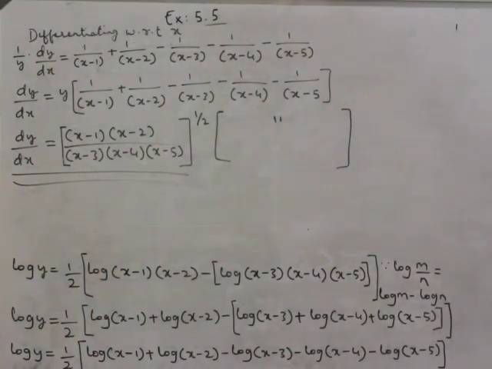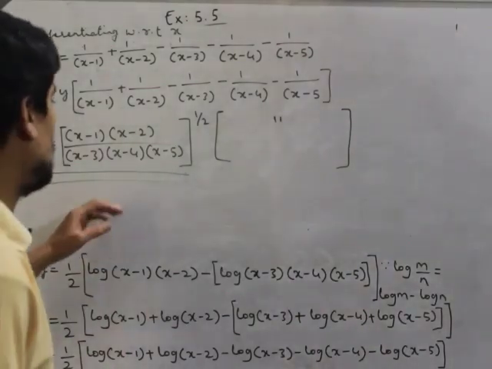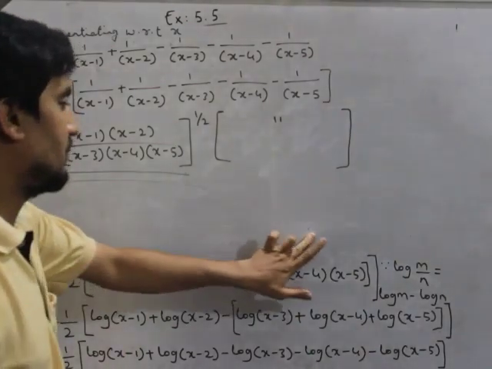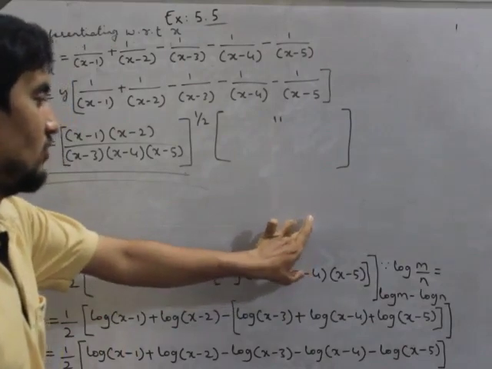Okay, these problems are a bit lengthy, but believe me, these are very simple problems in your calculus part. You just have to apply the laws of logarithm, and then you have to differentiate using the basic rules of differentiation, either product rule or chain rule.